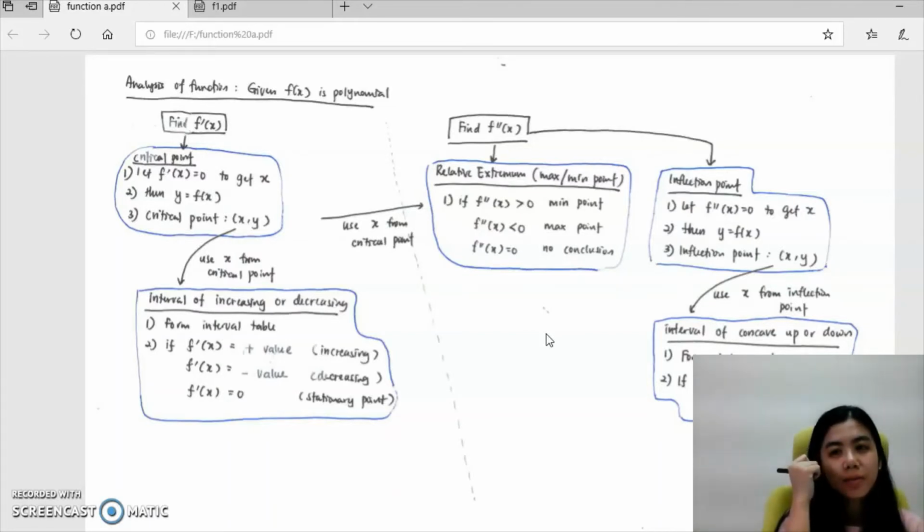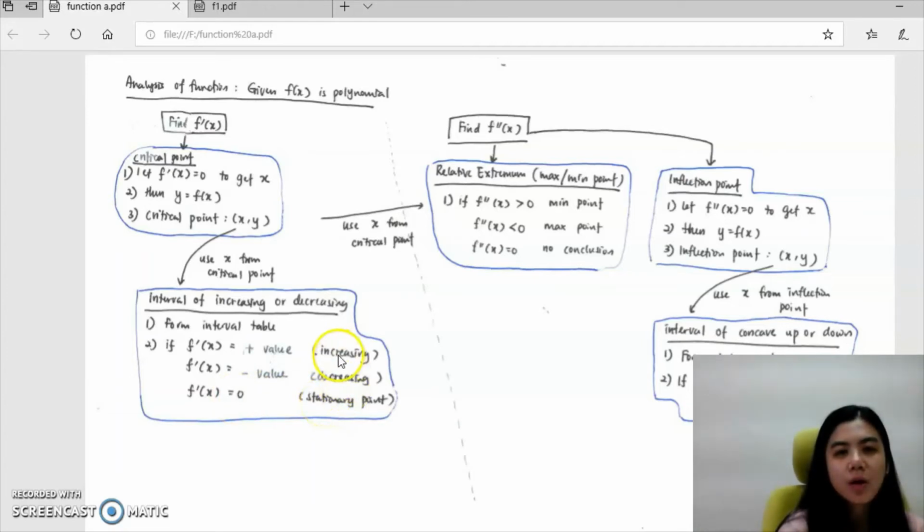Okay, let's look back at the flow chart. The flow chart says that if you get a positive sign, that is an interval of increasing. If f prime is negative, that is an interval of decreasing. But if f prime equals 0, that is a stationary point.